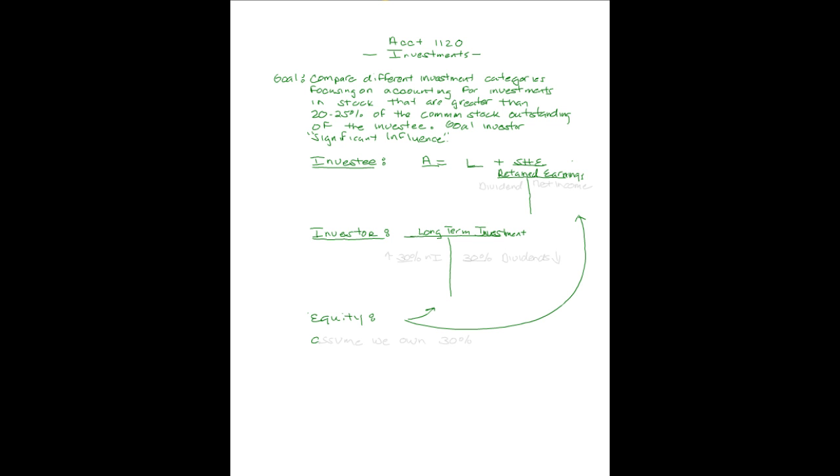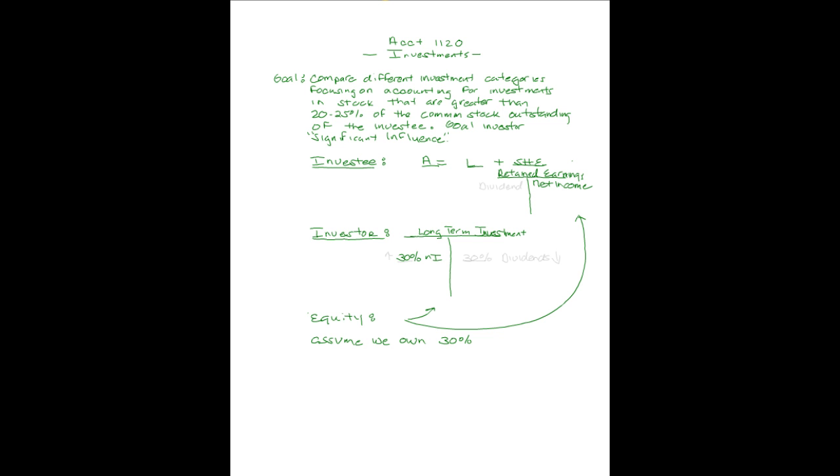So let's assume we own 30% of the stock. Retained earnings for the investee will go up for net income, and our long-term investment account will increase for 30% of the net income as though we actually own it.